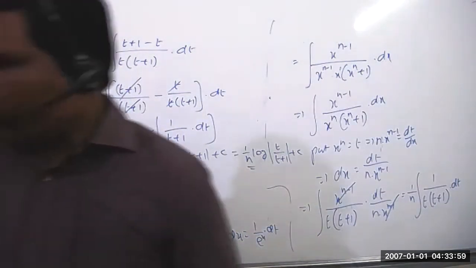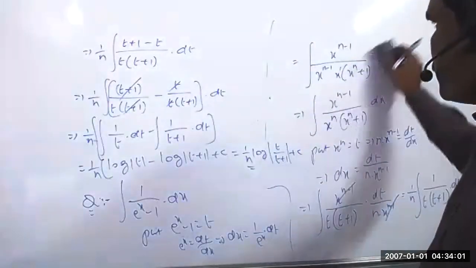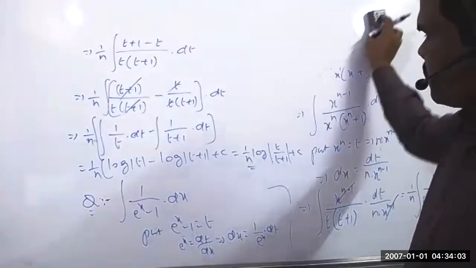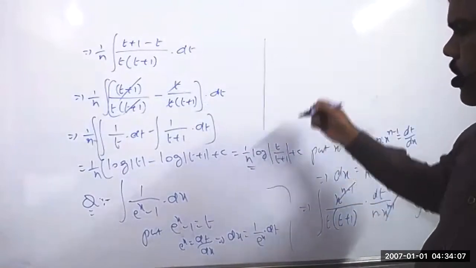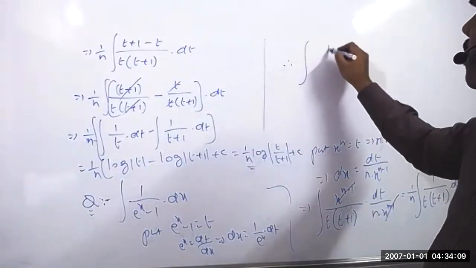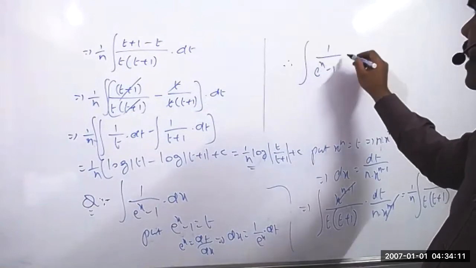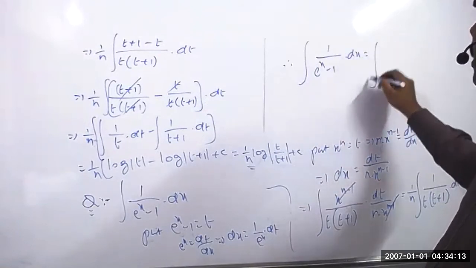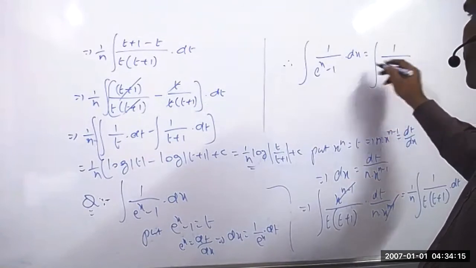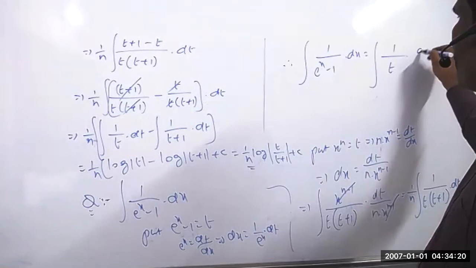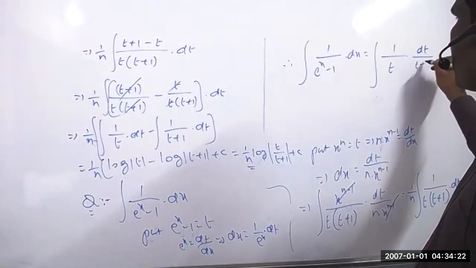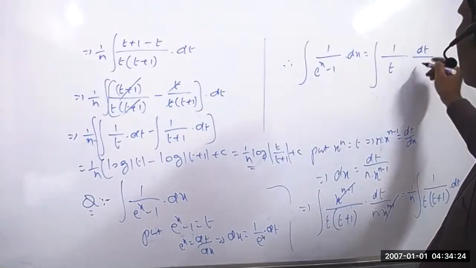Substituting, the integration of 1 by e power x minus 1 into dx equals the integration of 1 by t, and dx equals dt by e power x.